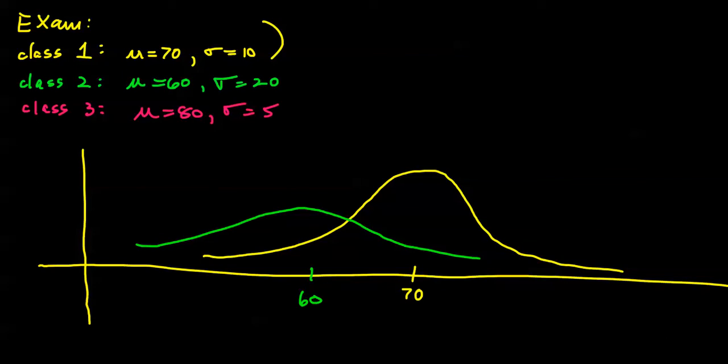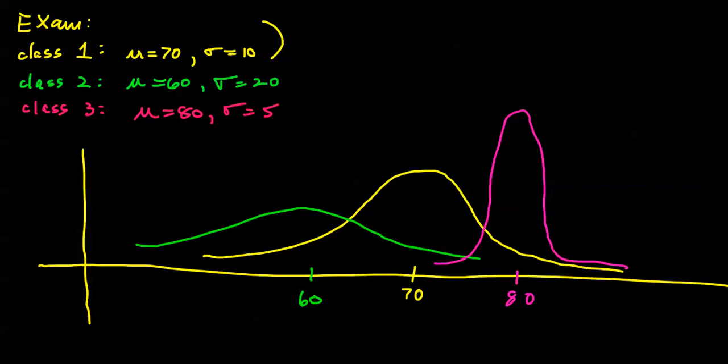And in class 3, their mean is, let's say, 80. It's up here somewhere. Again, they've got a bell-shaped distribution of scores. The peak of the bell is higher, and notice the standard deviation is less, so we're going to have a narrower bell.